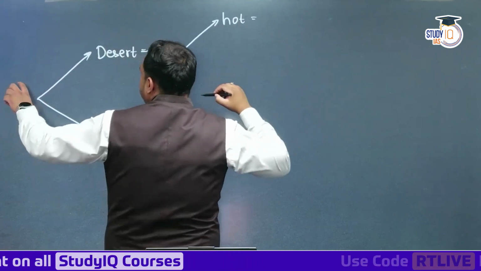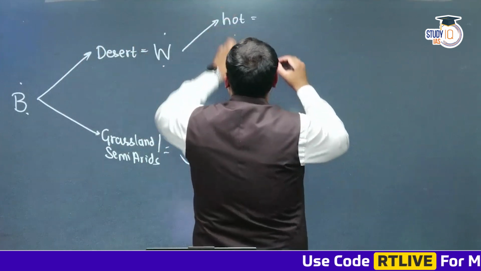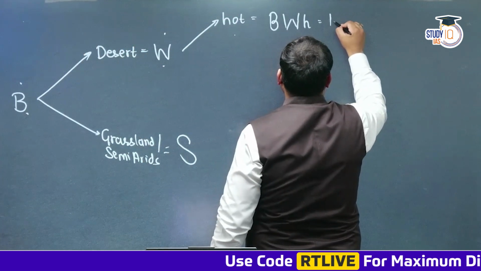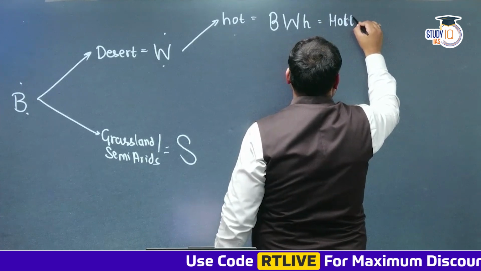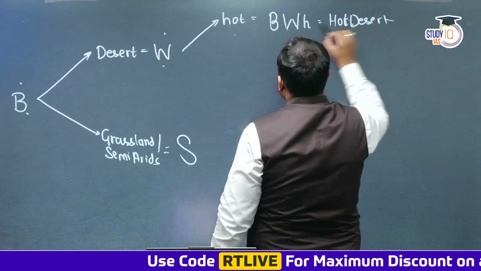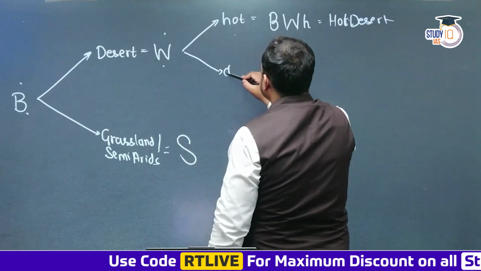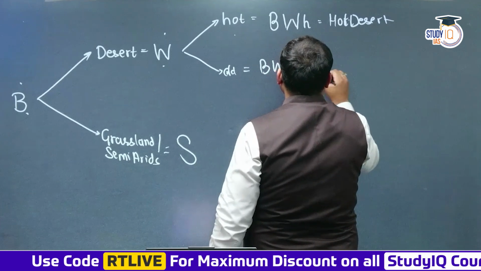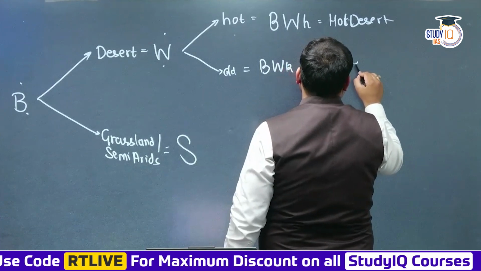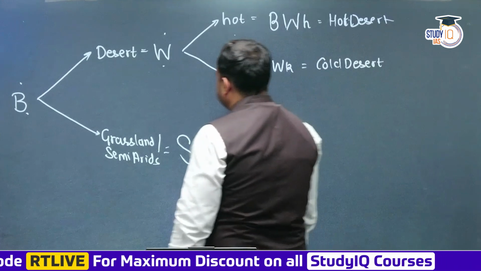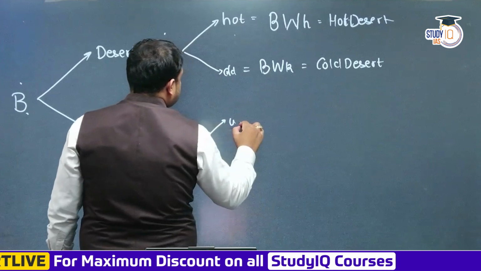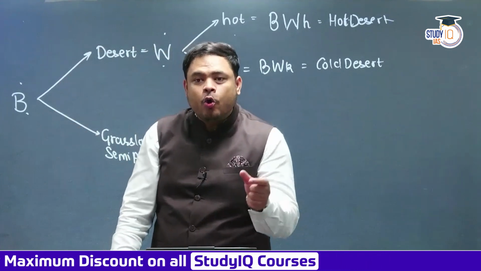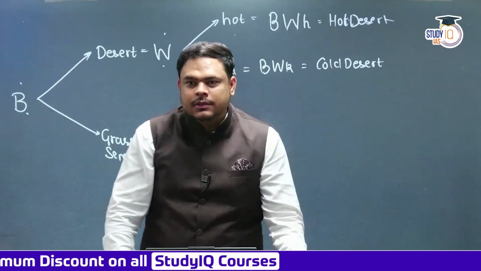So B, capital W, small h becomes hot desert. And my dear friends, B, capital W, small k becomes cold desert. Please understand. In the same way, in German, cold is Kelt, K-E-L-T.